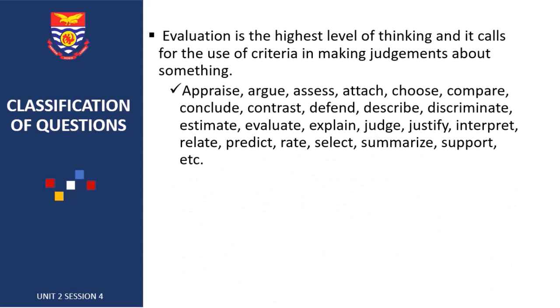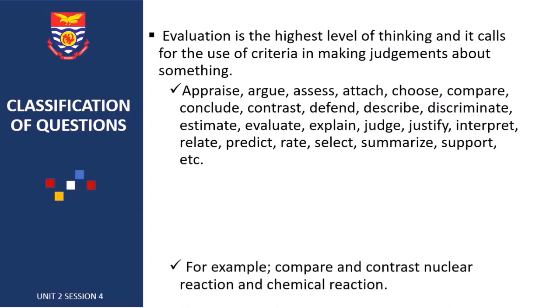Action verbs, some of them include appraise, argue, assess, attach, choose, etc. And at this level too, we don't have just one answer, because it is a point that students will be making judgments. So it calls for divergent answers that are not fixed.